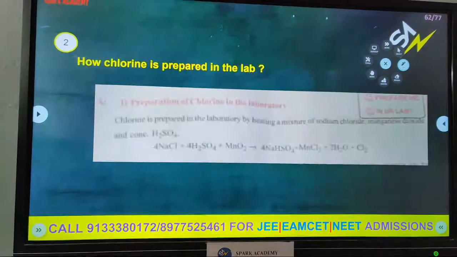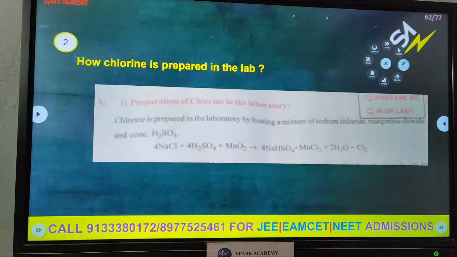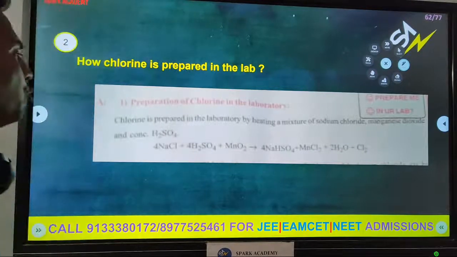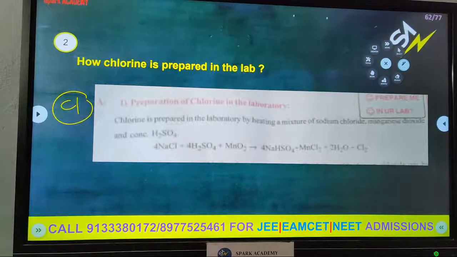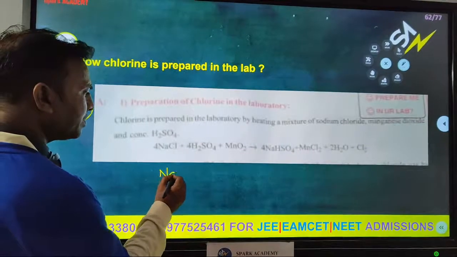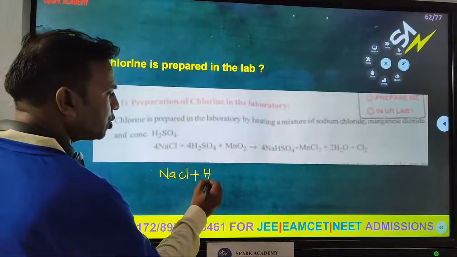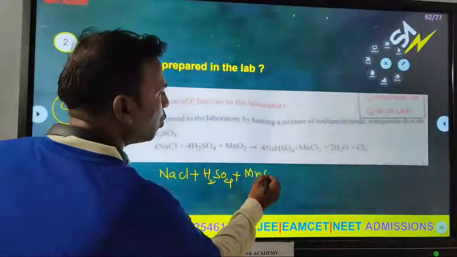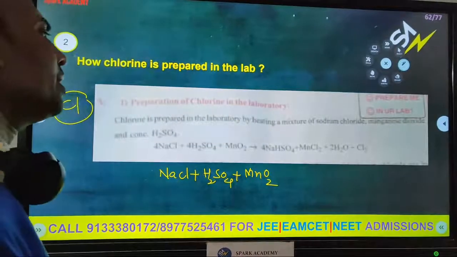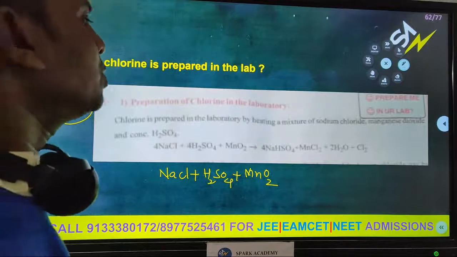After ozone, we see how chlorine is prepared in the lab. So what is chlorine? Cl. Chlorine is also a P block element. How do we prepare chlorine? We prepare chlorine by the laboratory method. In that we use NaCl plus H2SO4 plus MnO2.